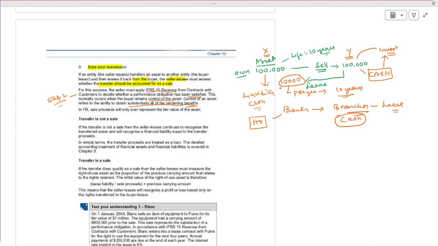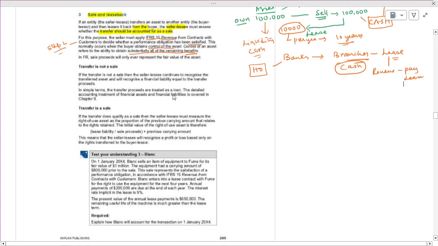Once they take them on lease, they will generate revenue and they will pay the lease amount.